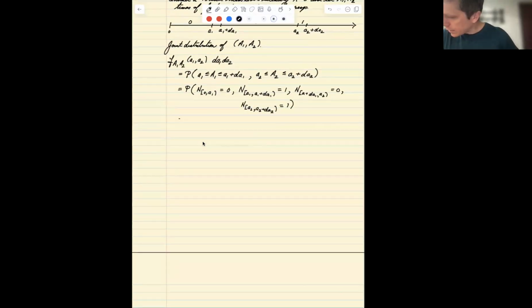So this is the product of probabilities by independence of the Poisson process.